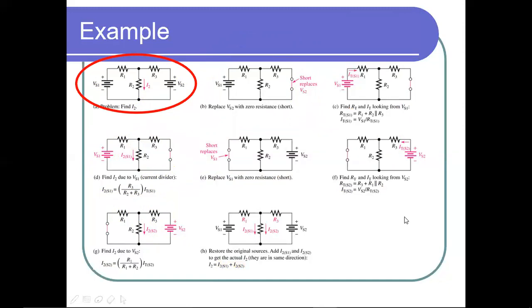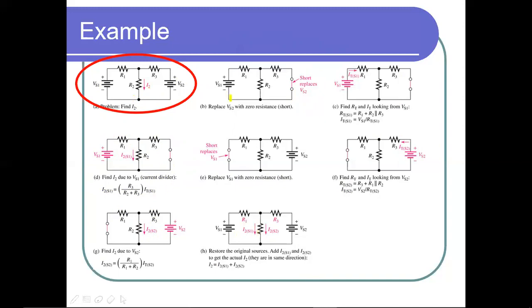You can find the current flowing through this particular resistor by using mesh analysis, nodal analysis, Kirchhoff's current law, Kirchhoff's voltage law, loop equations based on loop currents, or loop equations based on branch currents. You can use many methods. But if the question asks for the superposition theorem, you should follow this type of procedure.